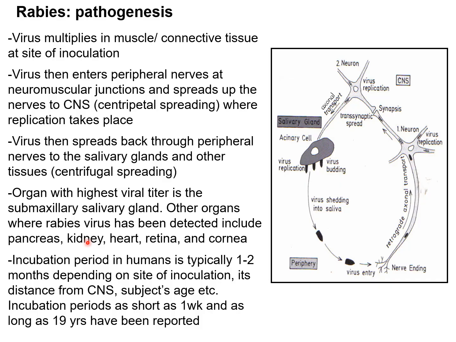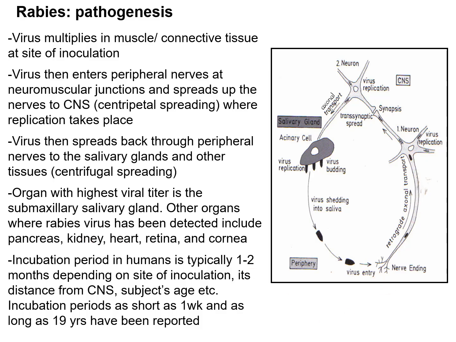Usually, once the person acquires the virus, the incubation period is a couple of months, depending on various factors. One is where it was inoculated: if that site is quite distant from the central nervous system, it's going to take some time for the virus to go there.